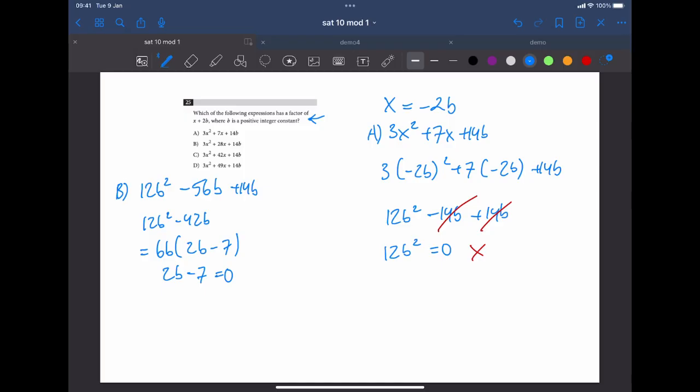We know b can't be 0 because it has to be a positive integer, so we have to look at the inside term. So 2b equals 7, b equals 7 over 2. Because we're told that b must be an integer, this also will not be a possible answer. An integer is any whole number, like 1, 2, 3, and so on. Because it's a fraction, it's not an integer.